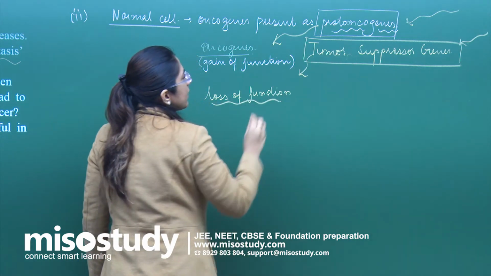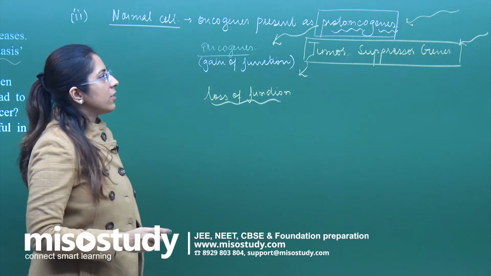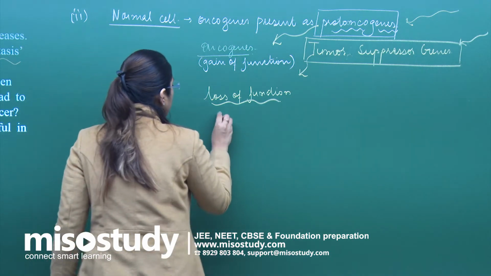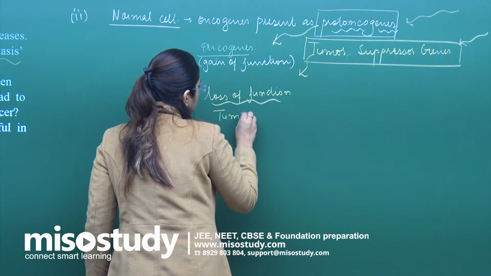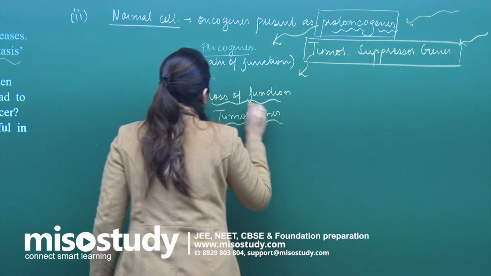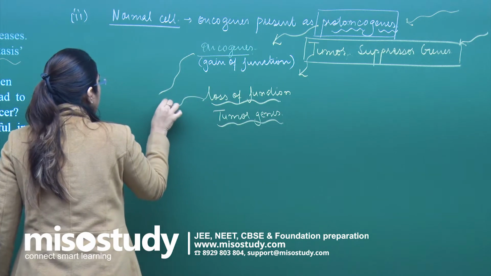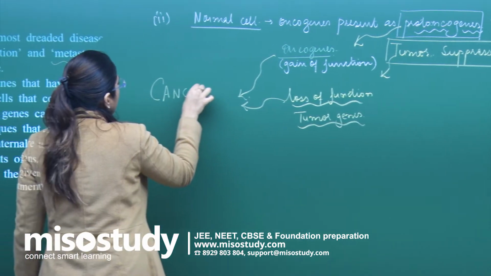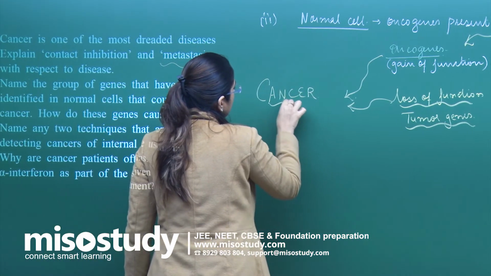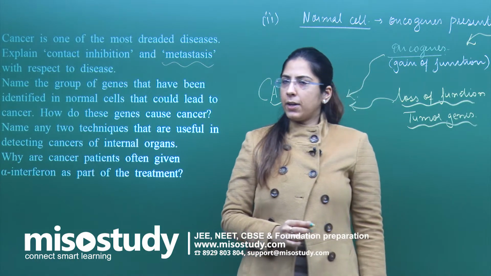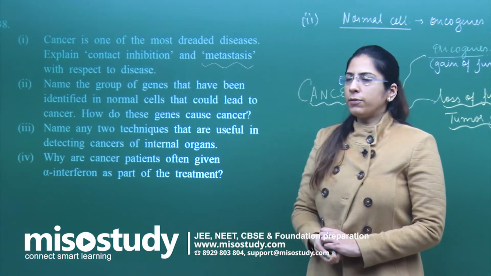Because of various agents like physical, chemical and biological agents, tumor suppressor genes are converted into tumor genes, and once these are present in our body, we will be affected with cancer. Right? Is it fine? Let's move on to the third part of this question.